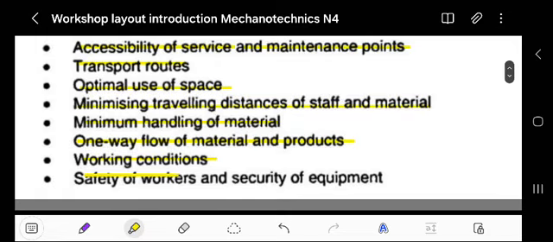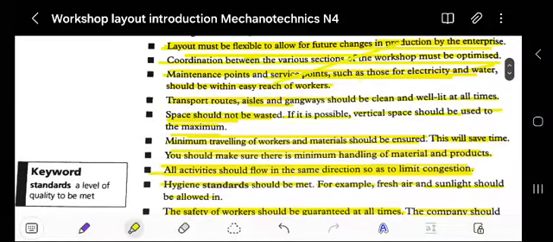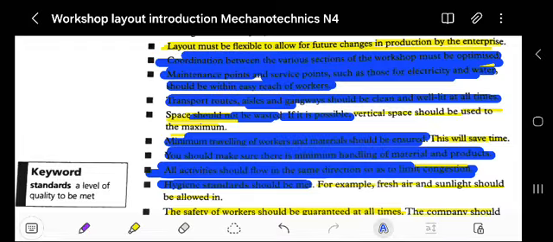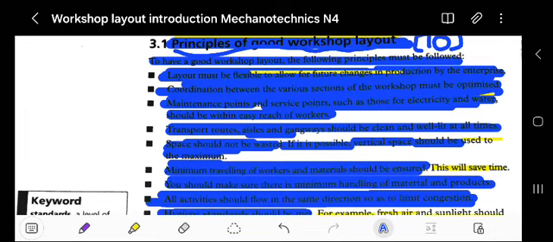Safety of workers and security of equipment. We've simplified all of these.